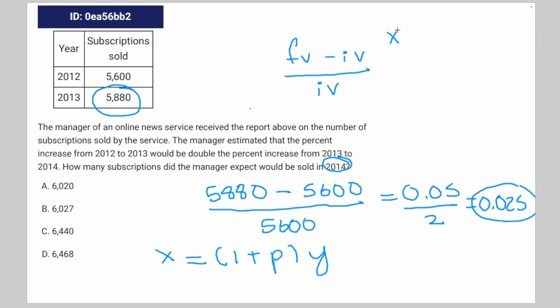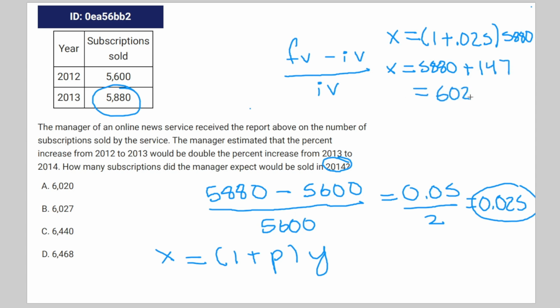That's going to be x is equal to 1 plus 0.025 times 5,880. That's going to be x is equal to 5,880 plus 147. That's equal to 6,027. Therefore, B is the correct answer.